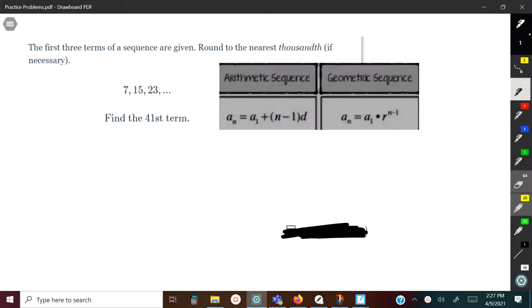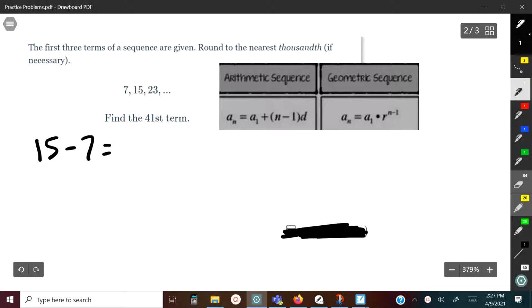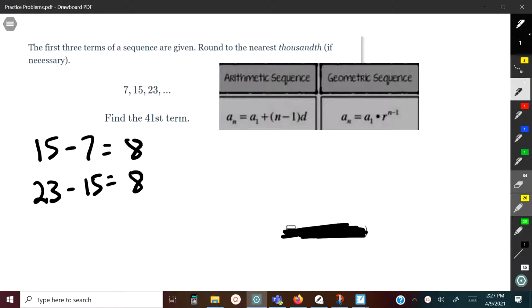So I'm going to do 15 minus 7, and I get 8. Then I'm going to do 23 minus 15, and I still get 8. So now I know that my common difference is 8, and I'm going to be working with an arithmetic sequence.